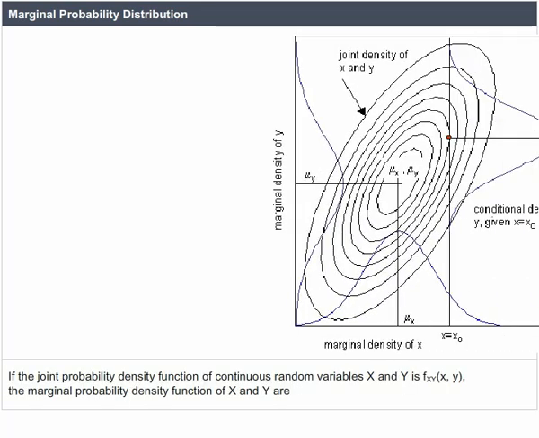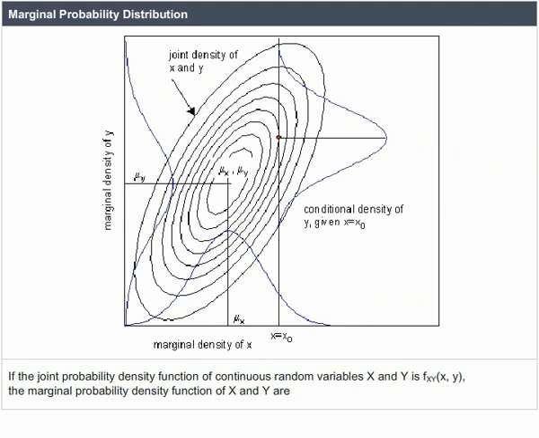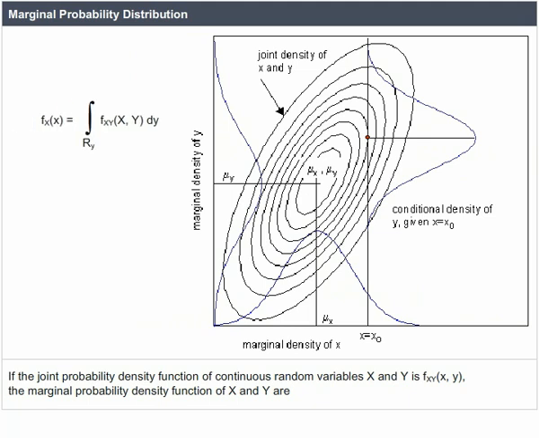Marginal probability distribution. If the joint probability density function of continuous random variables X and Y is f(x, y), the marginal probability density functions of X and Y are f(x) equal to the integral over Ry of f(x, y) dy, and f(y) equal to the integral over Rx of f(x, y) dx.